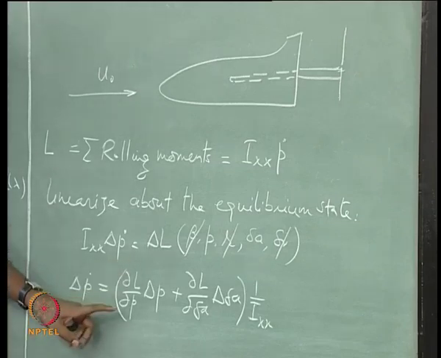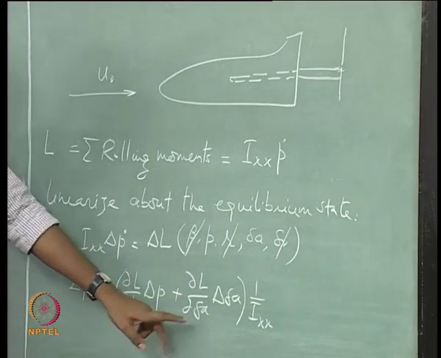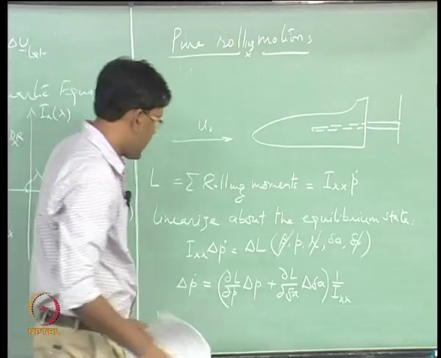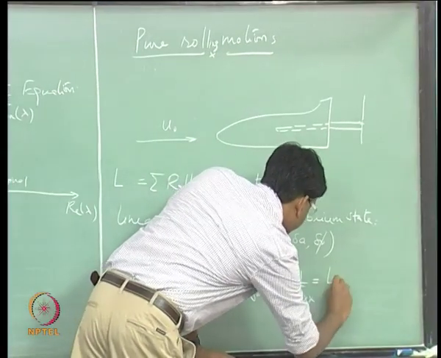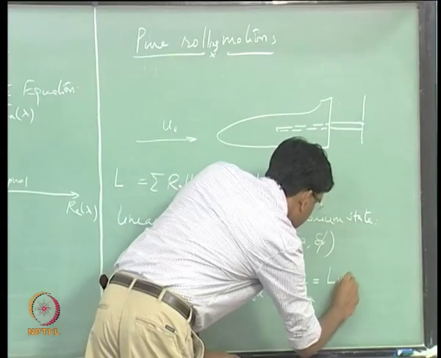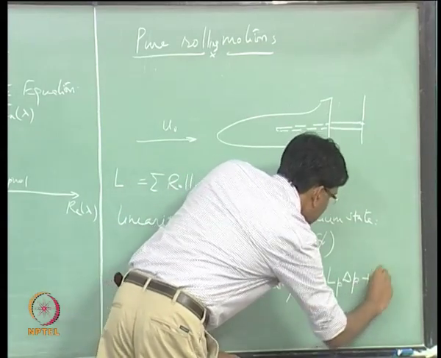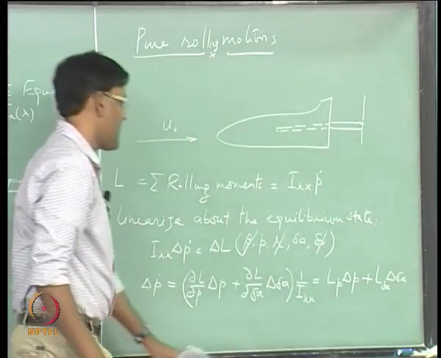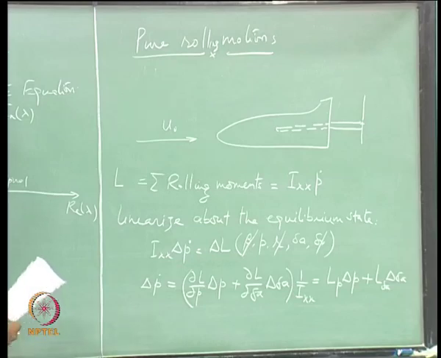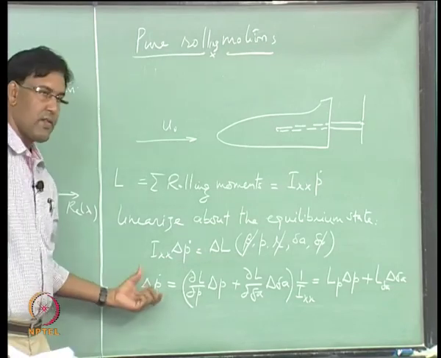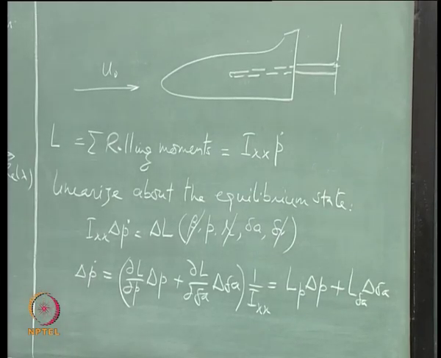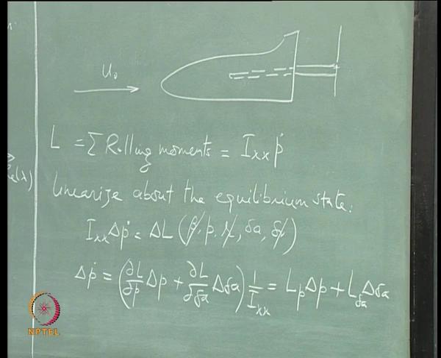Change in rolling moment due to the change in the roll rate, change in rolling moment due to aileron deflection, right, and this is equal to... So, this is my equation of perturbed motion in roll about the equilibrium state that we are talking about.